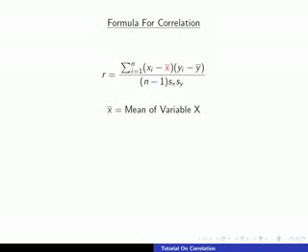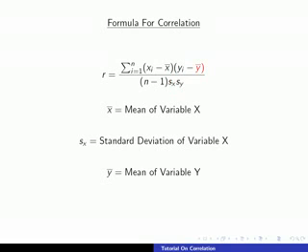If we remember from before, x bar represents the sample mean of our first quantitative variable x, and sx represents the sample standard deviation of variable x. y bar represents the sample mean of our second quantitative variable y, and sy is the sample standard deviation of y.